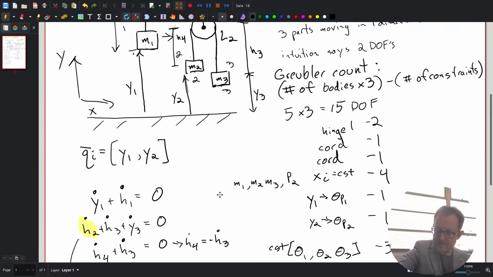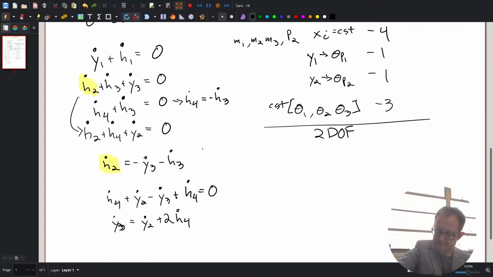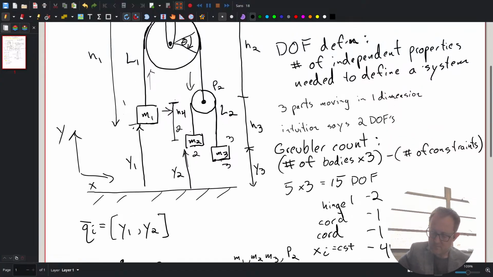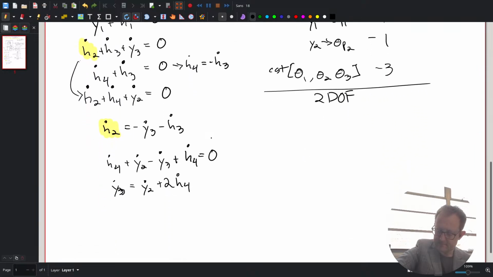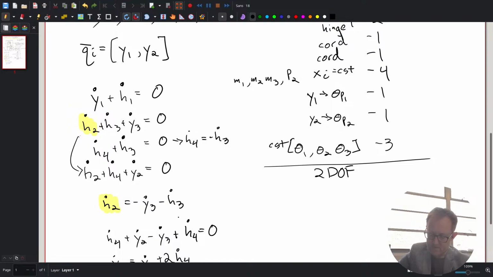If I come back up to my diagram, h4 and h3 are both connected to each other, so if h4 is going up, h3 is coming down. If this is going up, then this is coming down at the same rate, 2 times h4 dot. I feel like I need an h2 in there, but h2 is solved in here.